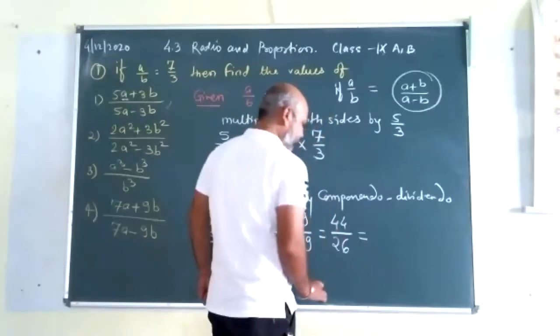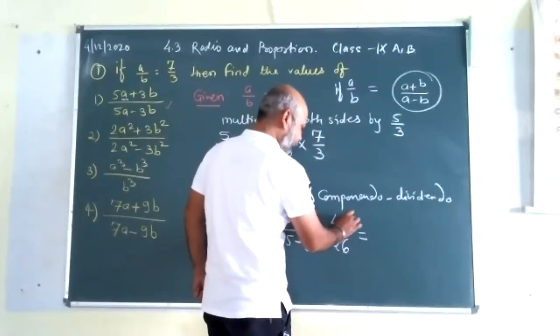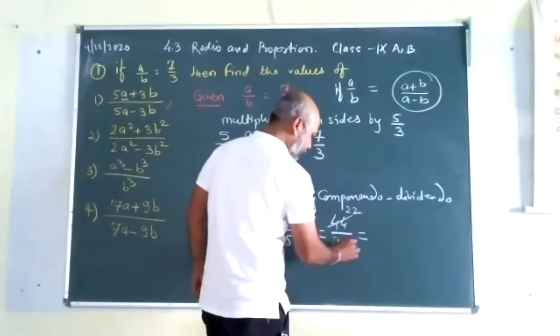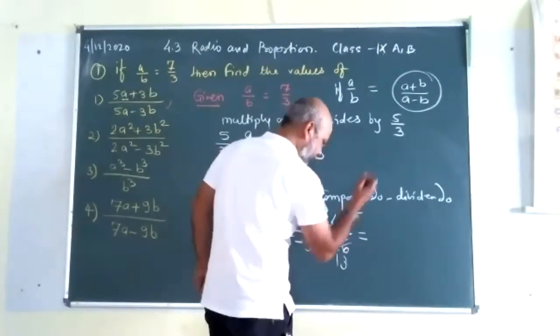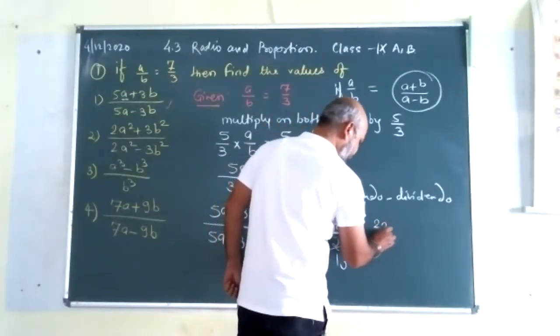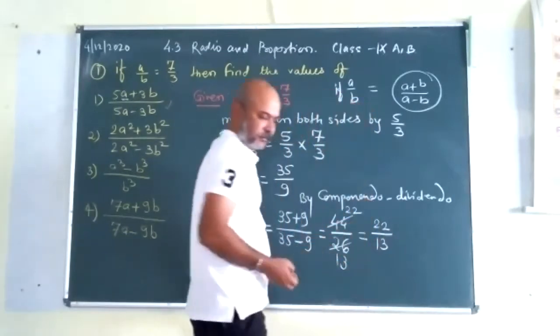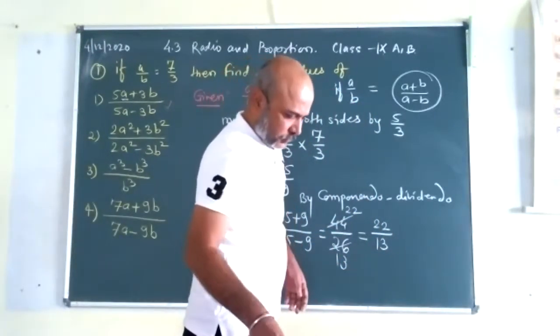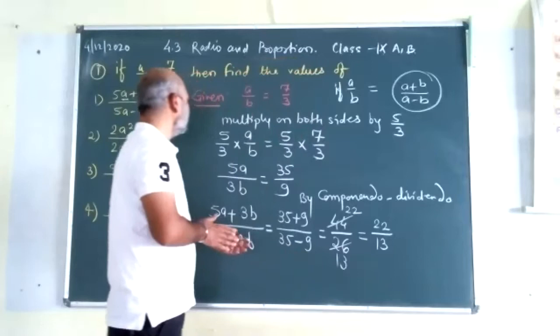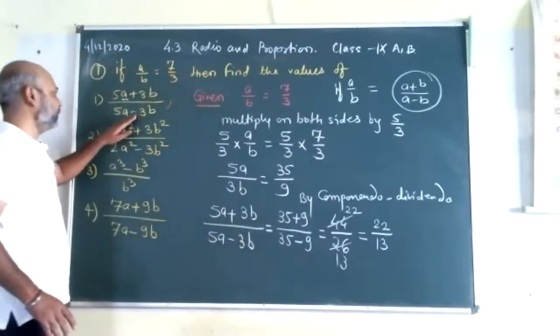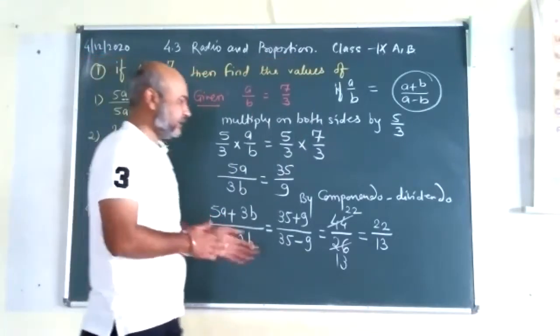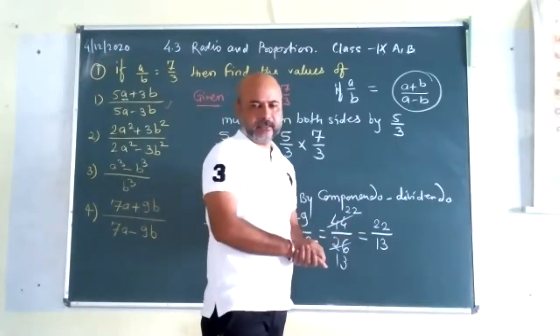After simplifying, we divide this by 2. So you will get 22 and this will be 2 3s are 6, so 22 by 30. So the value of 5A plus 3B upon 5A minus 3B is 22 upon 30.